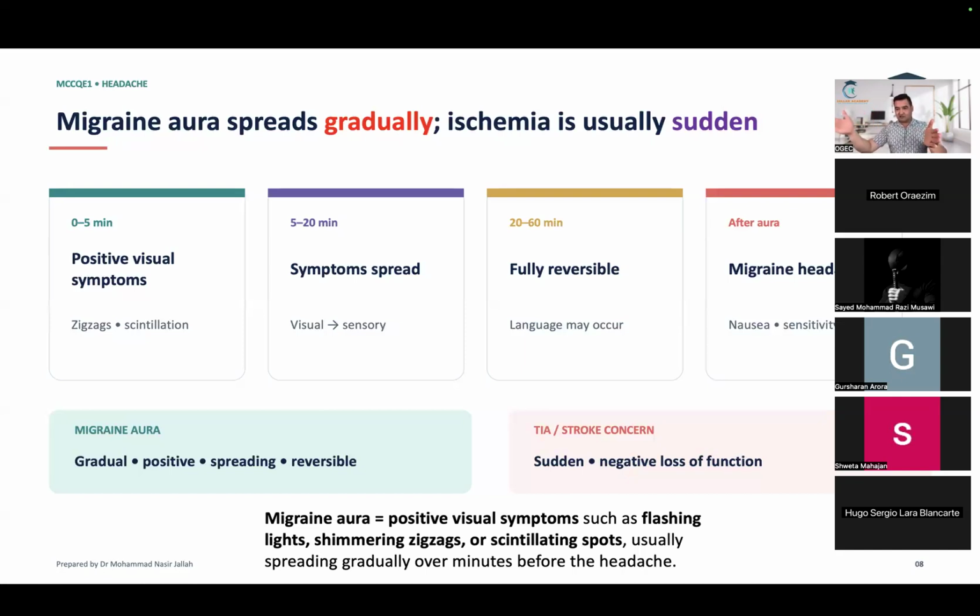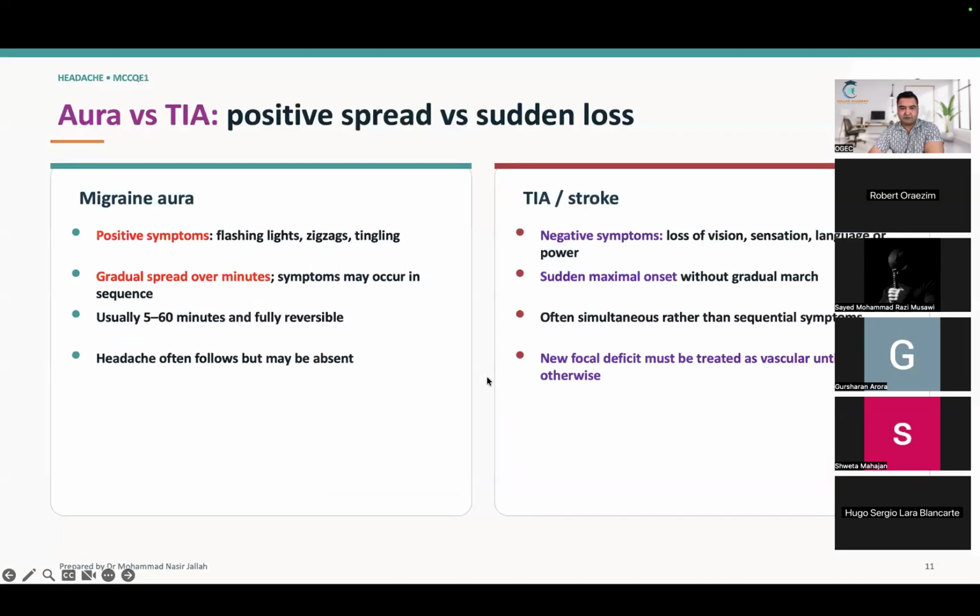Sudden onset, stroke. Migraine with aura: positive visual symptoms such as flashing light, shimmering, zigzag, scintillating spots, usually spreading gradually over minutes before the headache starts. Now, aura versus TIA: positive spread versus sudden loss. So my positive symptoms, flashing light. Regularly, you don't see the flashing light.